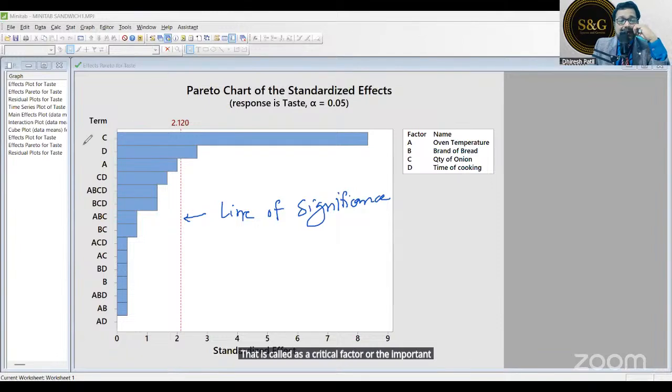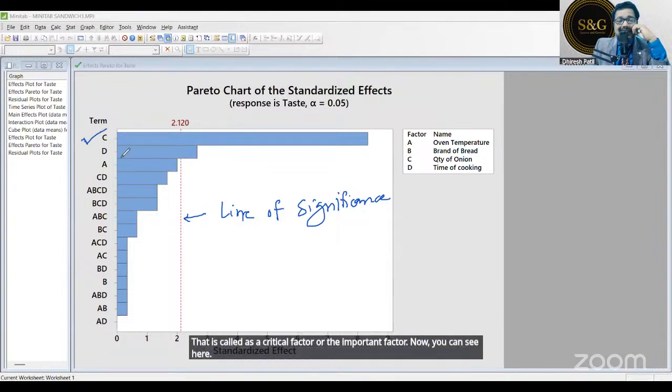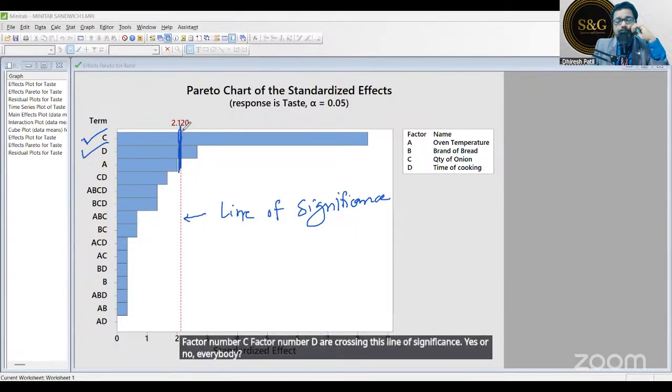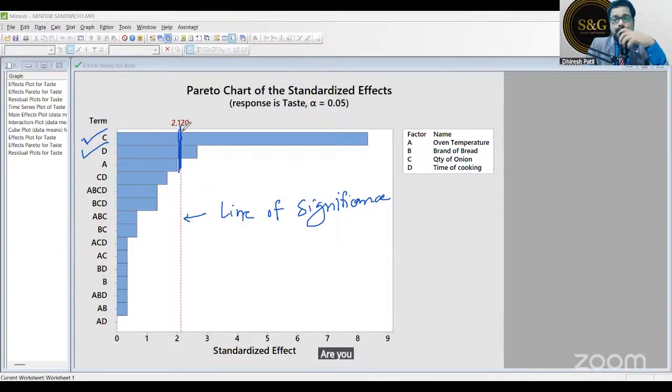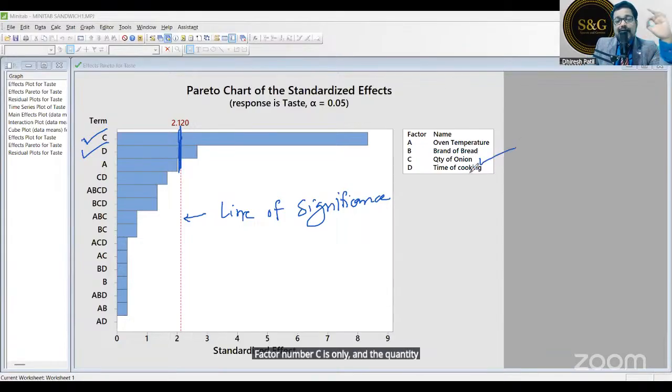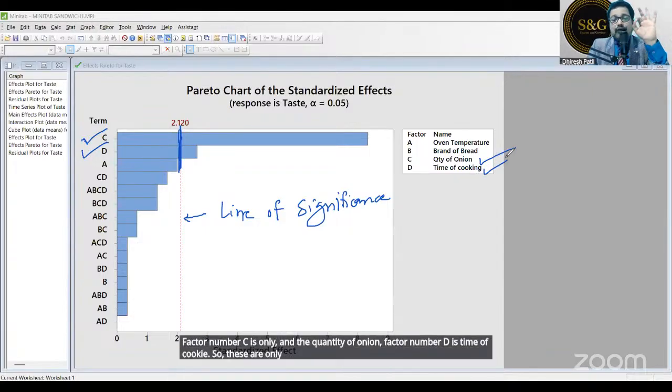Now you can see here, factor number C, factor number D are crossing this line of significance. Yes or no, everybody? Are you clear? Factor number C is onion, the quantity of onion. Factor number D is time of cooking. So these are only two factors which are critical factors. Are you clear? Just type yes in the chat box.